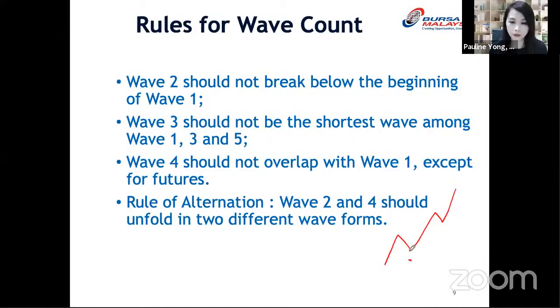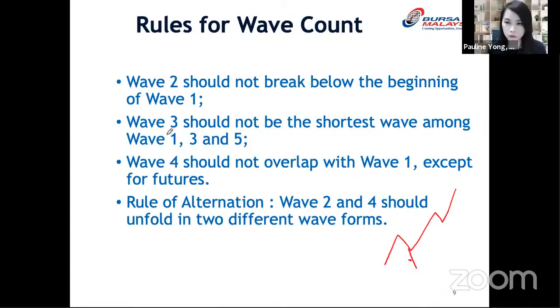So if let's say you have a retracement all the way down back to the original starting point, then it is not an uptrend anymore. Therefore, wave 2 should not break below the beginning of wave 1. This is principle number 1, whereby we are looking at about 60% of a retracement maximum, and then we move up again. If you have a full retracement, no, you can't do that. So that's not a wave 1. Then you have to recount again.